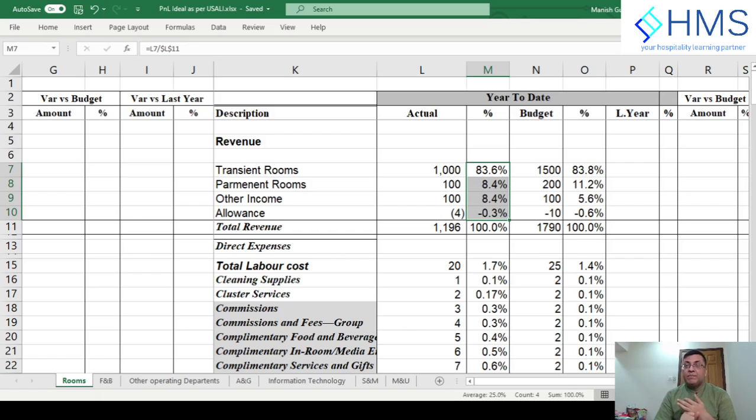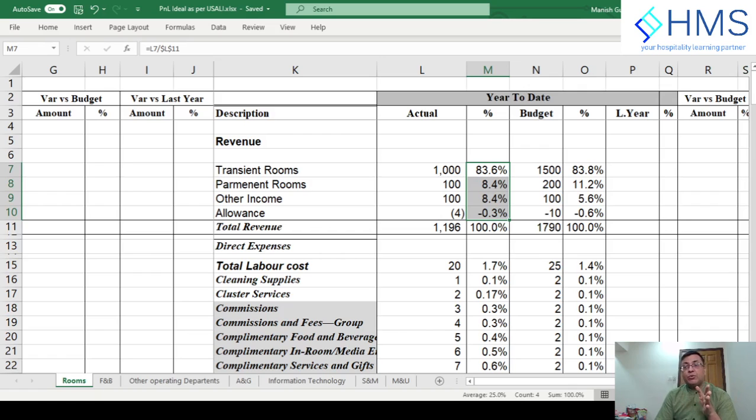Even FITs, is it coming from the businesses, from the wholesale agent, from direct retail business, from packages or meetings, in terms of both room nights and the average rate, because you are not selling the room to everybody at the same price. So you may also want to see what is the revenue segment. We have already discussed that in the previous video, how you are going to see that.